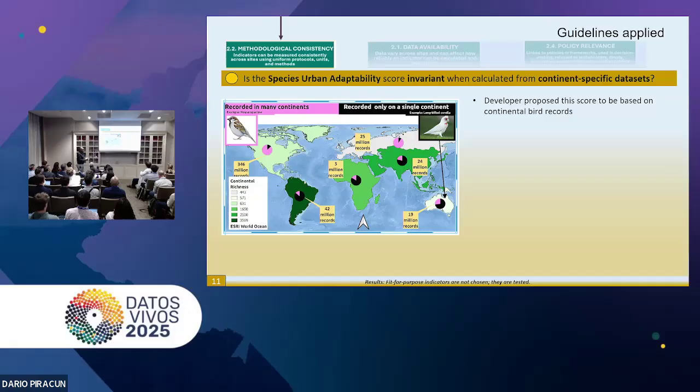This is more conceptual to the methodology, because the developer proposed that the score can be based on continental bird records. But when we look at this data from GBIF, we find that some birds are present across different continents. That is going to be challenging for the developer: how will this work for a species present across different continents?